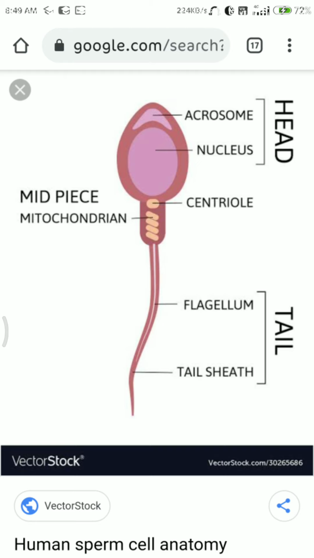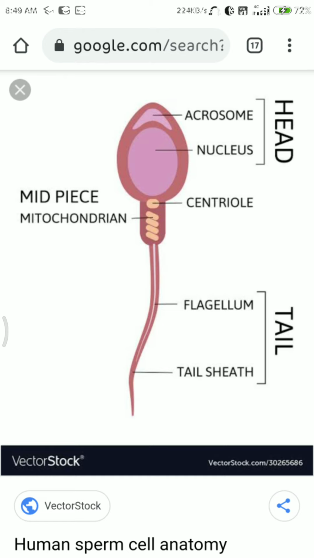Label it centriole, and inside the middle piece is the mitochondria. The lining structure is visible. You can draw it also, no problem.